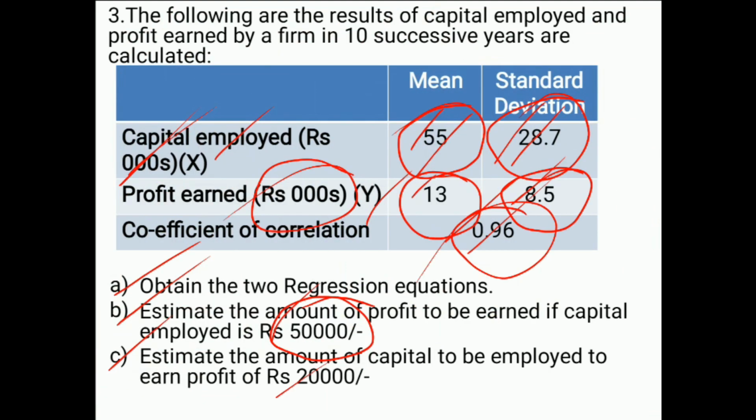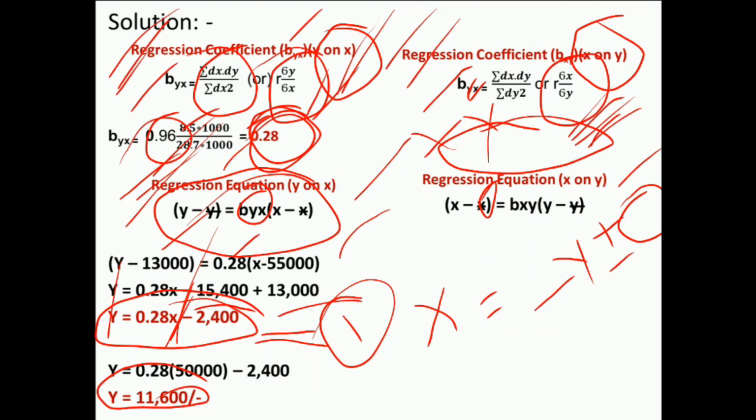Now the next question is estimate the amount of capital employed. Amount of capital employed is x, to earn profit of rupees 20,000. y is given, y is 20,000. You need to find x. So in order to find x, x equals bxy, because x is dependent on y now.